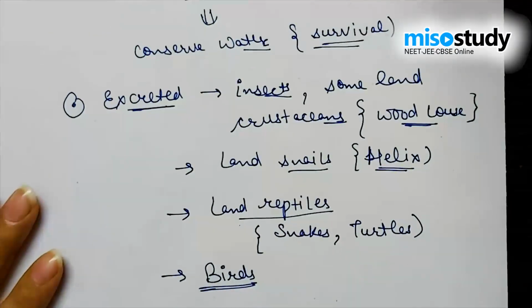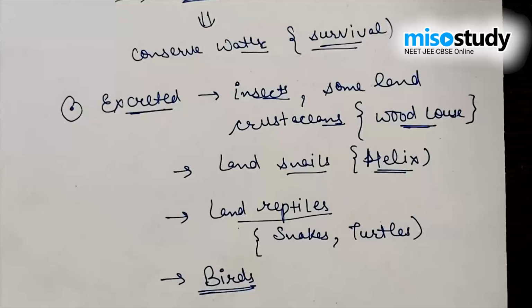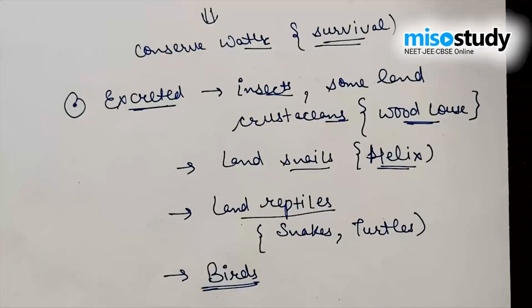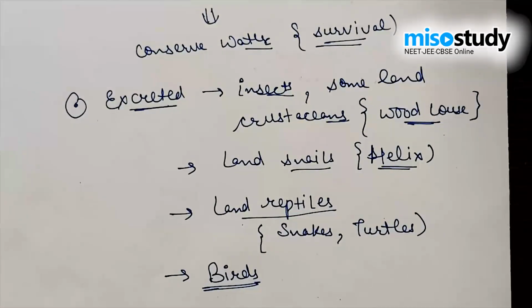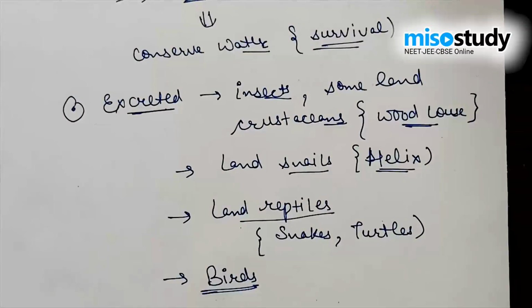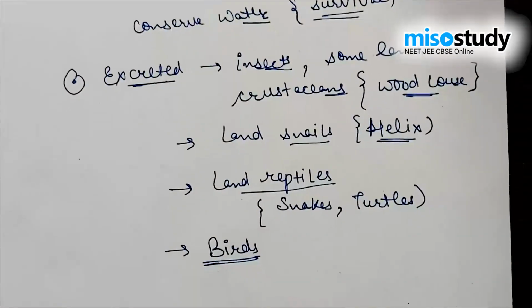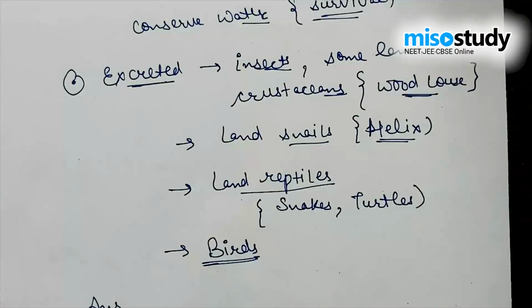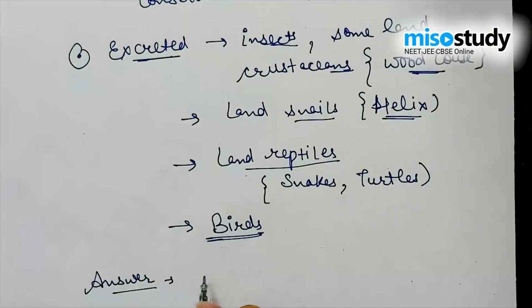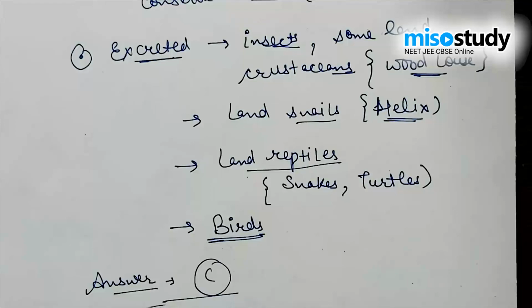So uric acid is the mode of excretion generally opted by birds, land reptiles, land snails, crustaceans, insects, etc. According to the discussion so far, the answer is option C.